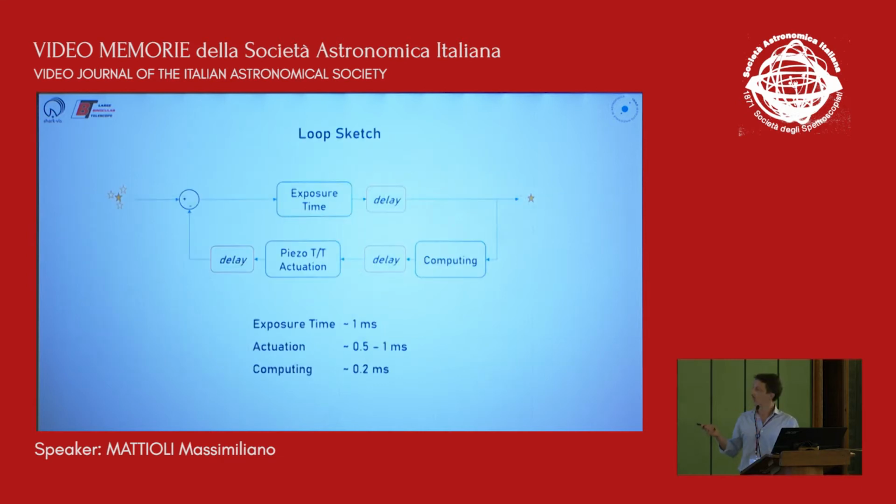But this is our problem, because we have a lot of delays on our road to the acquisition: a delay for the exposure time, for the computing, and for the actuation itself. If we summarize all the lag time, we can understand that 2 milliseconds is a big value with respect to what we need.